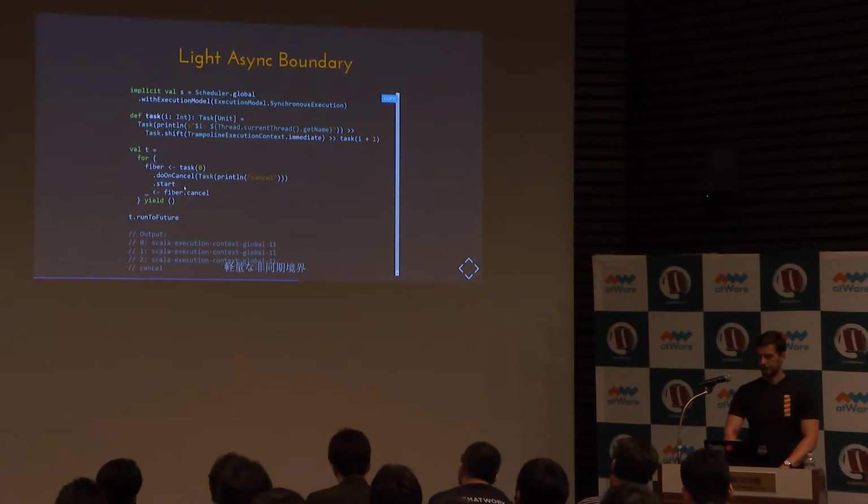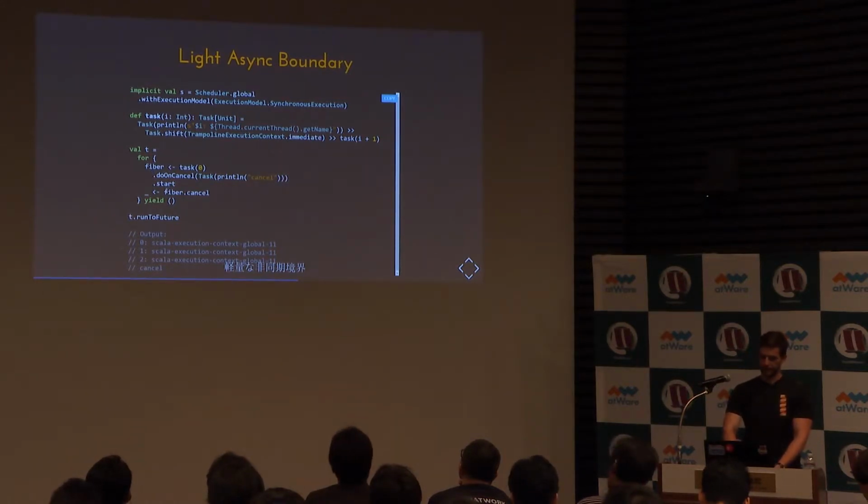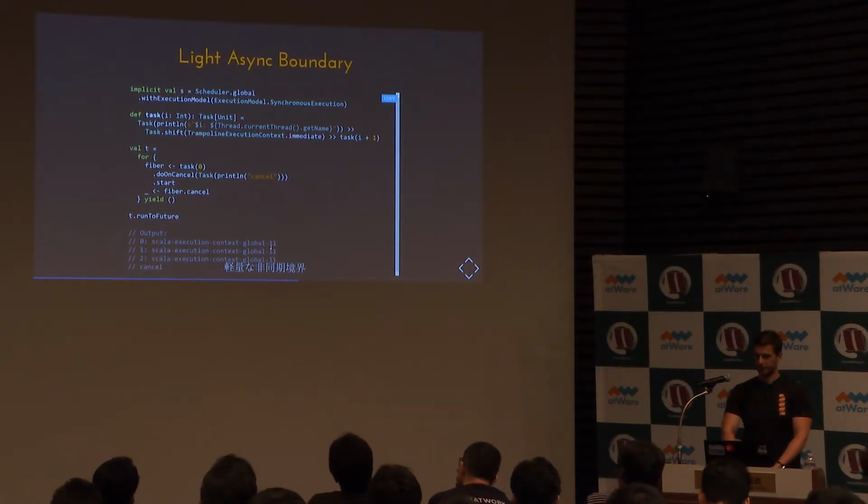The task itself will run in the background, and it will immediately go to this step in the for comprehension. If we would like, we can join this fiber, or we can cancel it. And if we just cancel it, we'll see that it was going just on the same thread until it got this signal and just stopped executing.